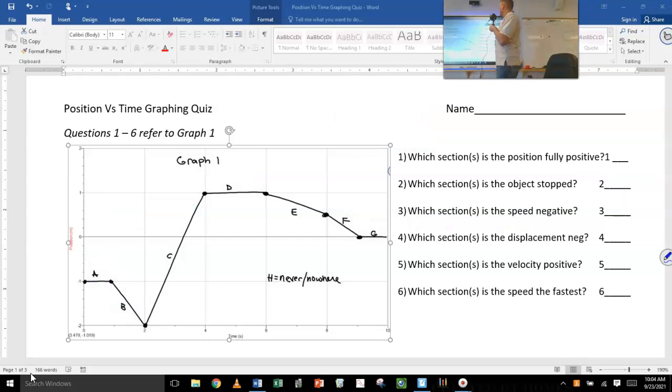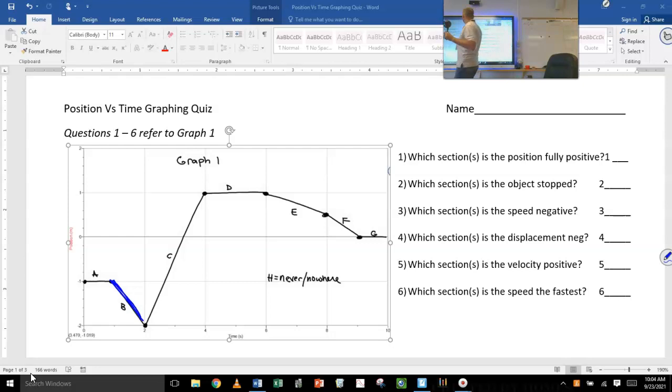Number 4, which section or sections is the displacement negative, meaning you start some way and then you end up more negative than where you started. So A, you're not moving, so there's no displacement in part A. B, that's a negative displacement because you're starting at -1 and you're ending at -2.